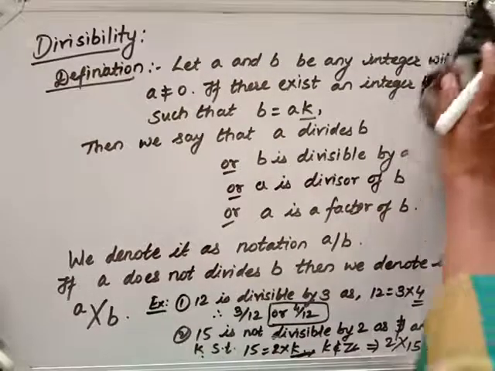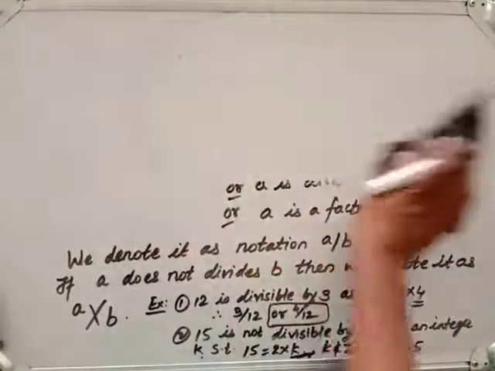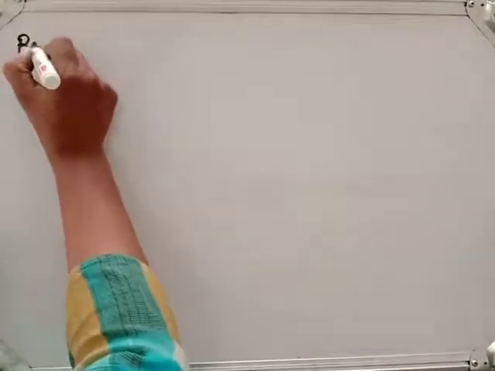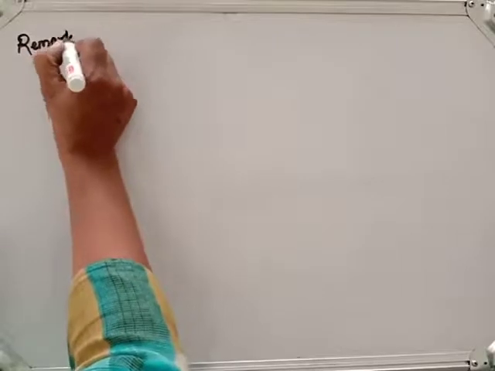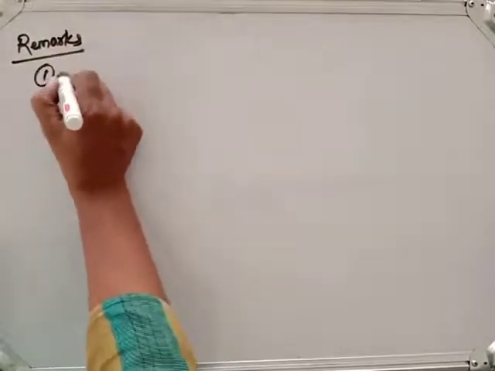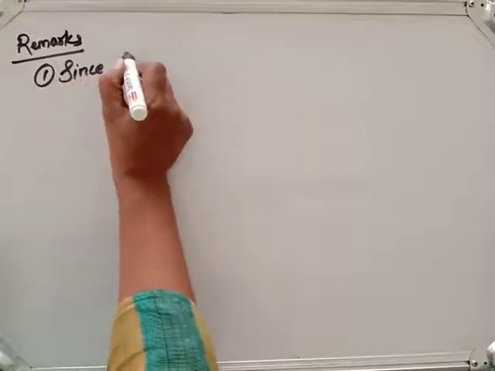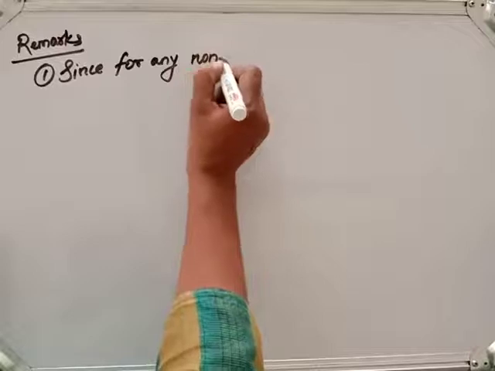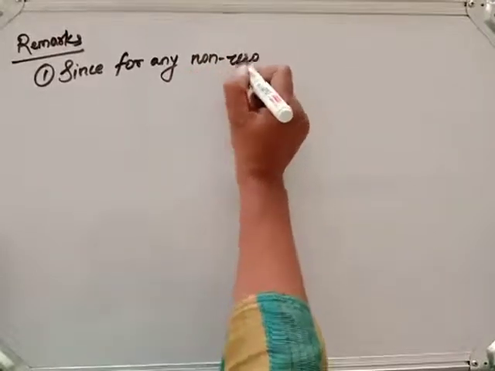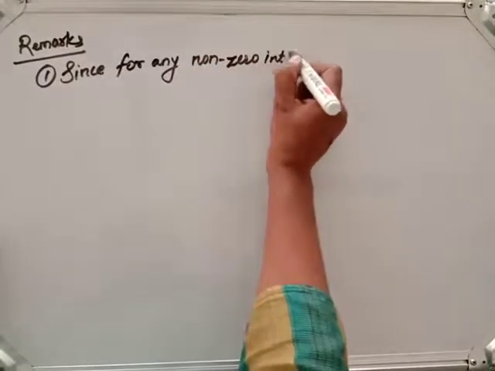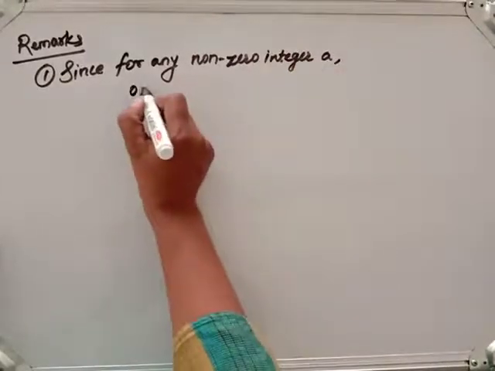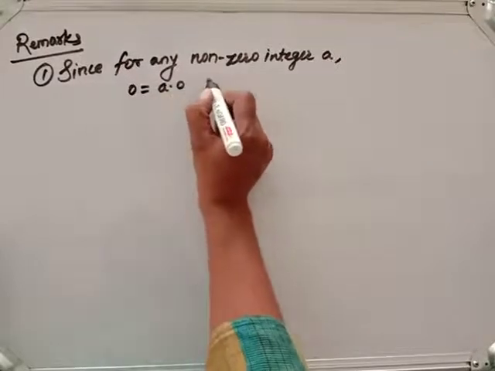Now let me write down some notes about the definition of divisibility, or you can say remarks. The first one: for any non-zero integer a, 0 is equal to a into 0.